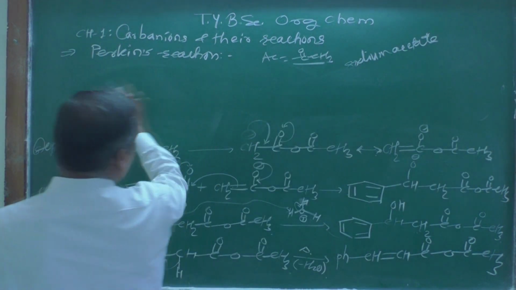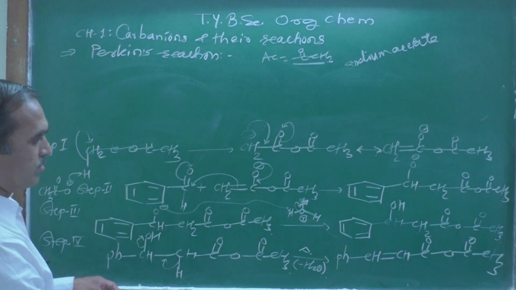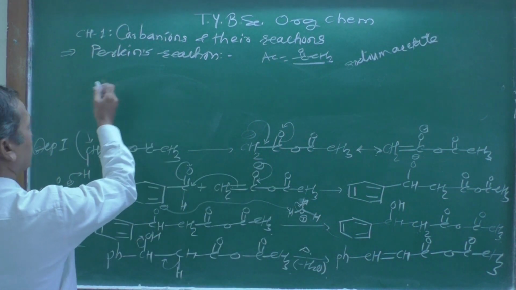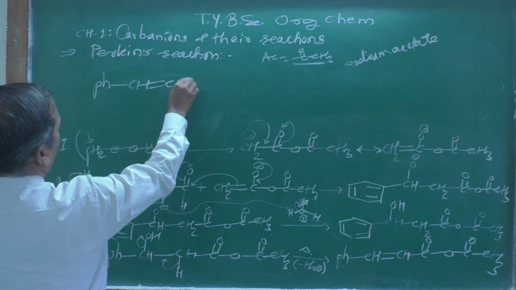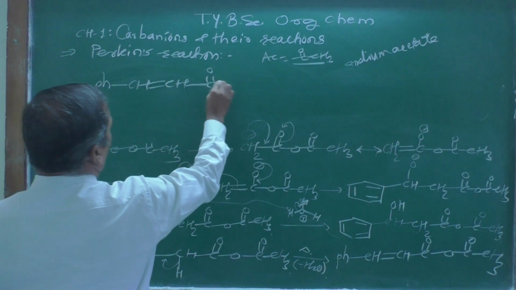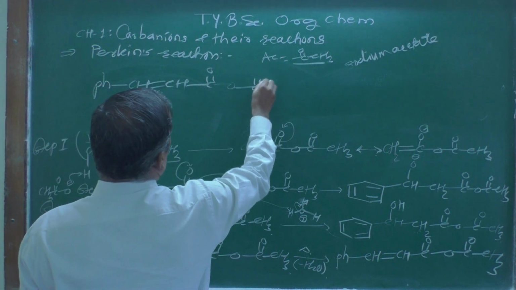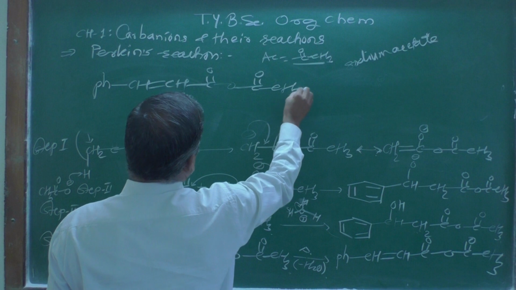Again hydrolysis easily carries out. Let us see this compound once again over here. CH double bond CH, C double bond O, then C double bond O, then CH3, right?